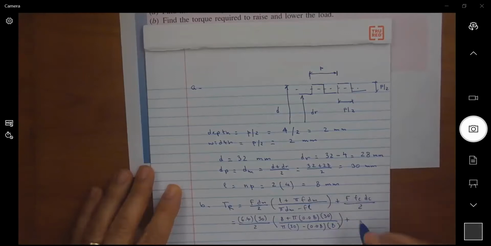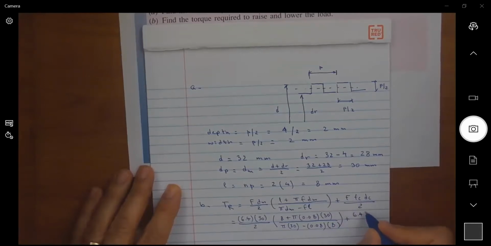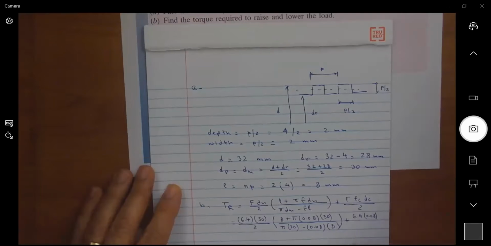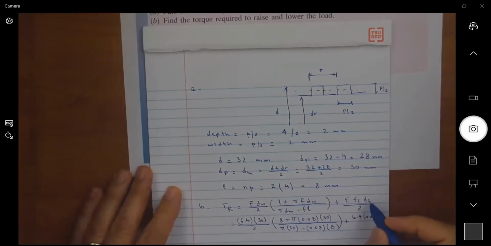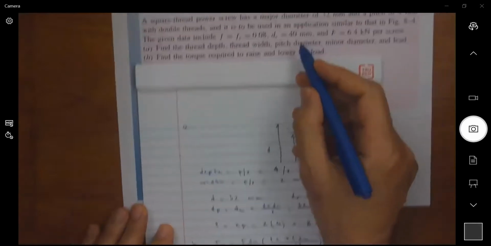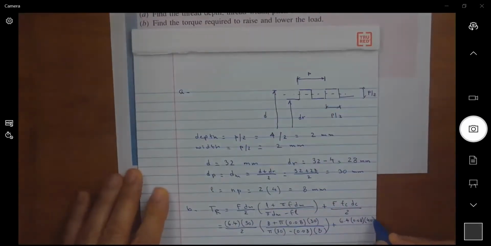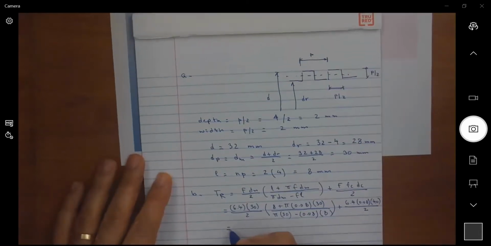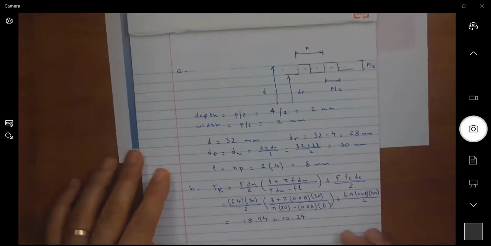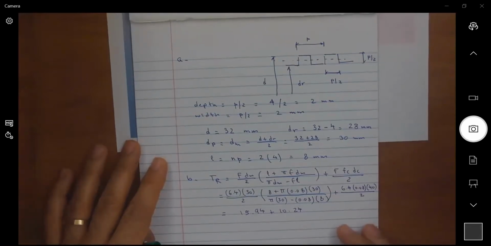plus 6.4 times 0.08. The diameter of the collar is given as 40 millimeter, so times 40 divided by 2. When I do my numbers, I get here a 15.94 plus an additional 10.24 from the collar friction.